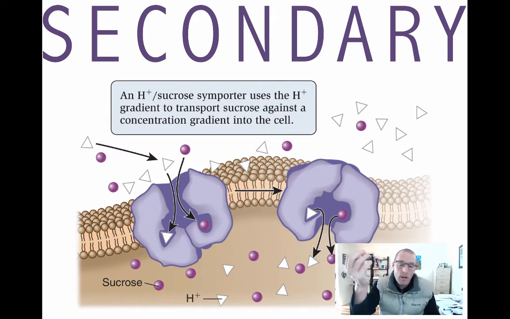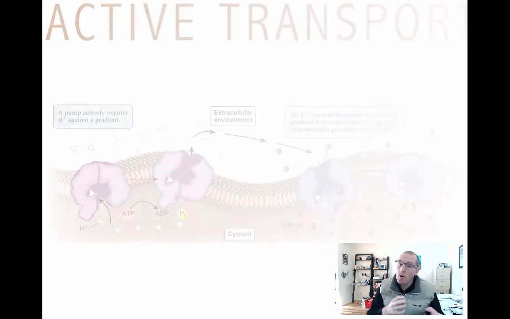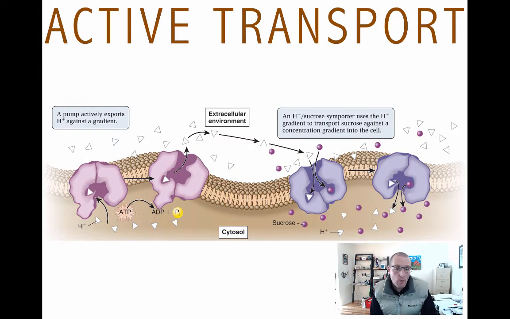So where does this gradient of protons come from? Usually it comes from primary active transport, and so yes, distantly there is a use of ATP, but the proteins that move a solute in secondary active transport are not using ATP as the energy source. So make sure you can compare and contrast primary and secondary transport. Let's put those two things together and look at what's happening.